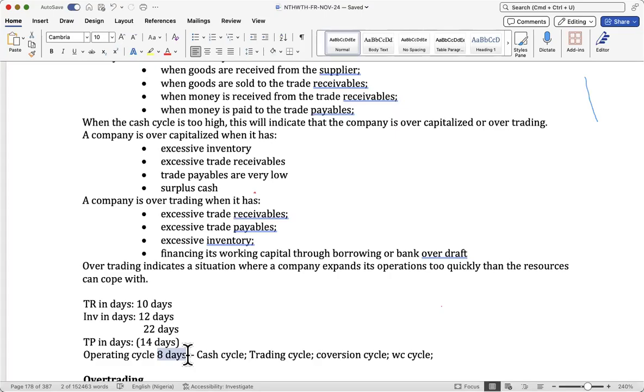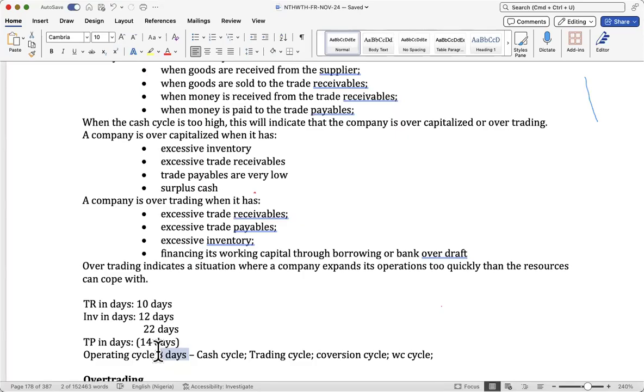So you know that you're done with this transaction, you move to the next one, you move to the next one. Then you're creating wealth as an entity. So the shorter, the better for an entity. You see, an entity that is having an elongated operating cycle is not good, it's bad.